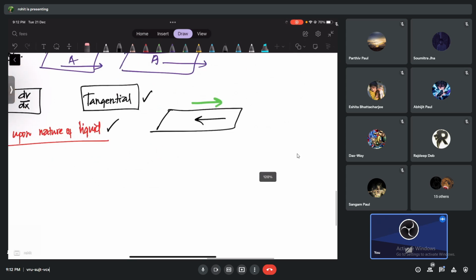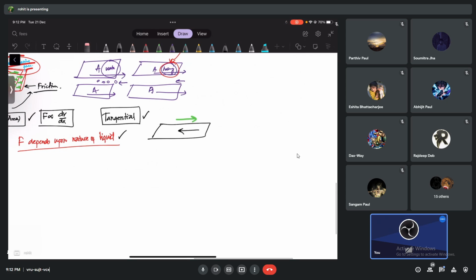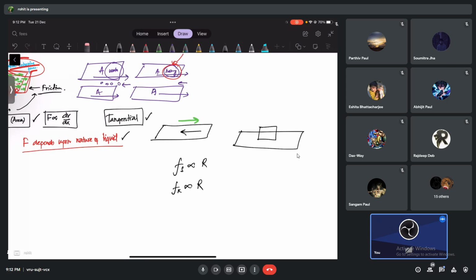But friction is a bit different, do you realize? Friction is an opposing force, obviously. But how do we write friction? The static friction or the kinetic friction depends on the normal reaction. If there's a force acting on this box, this is the normal reaction, and this is the weight of the body.